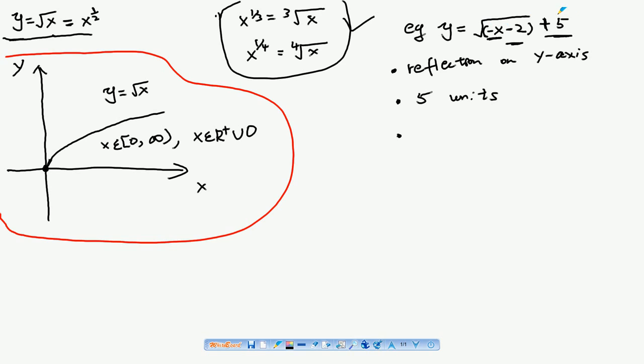Don't bracket this because this cannot be 0. 5 doesn't equal 0, there's no variable inside. So I have minus x minus 2 equals 0, and x is going to be minus 2. So I will have a horizontal translation of 2 units to the left.